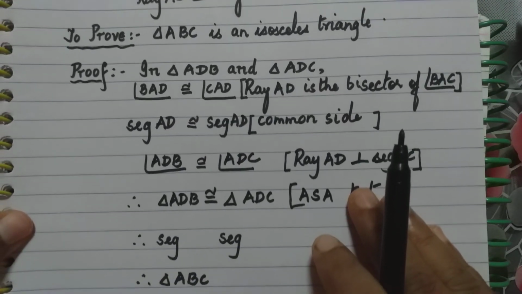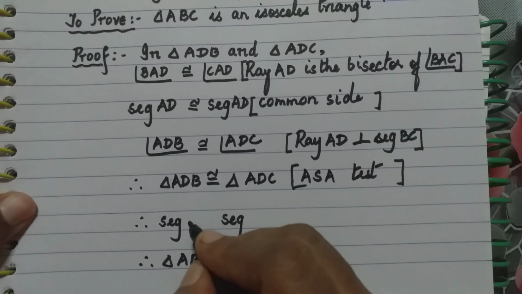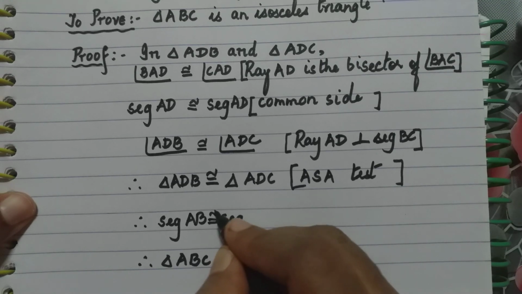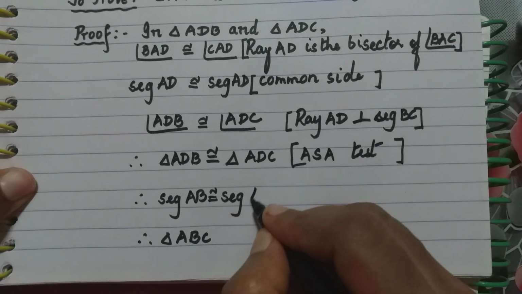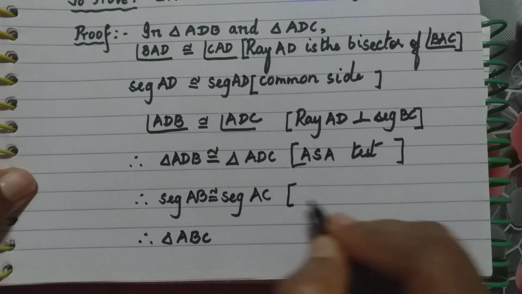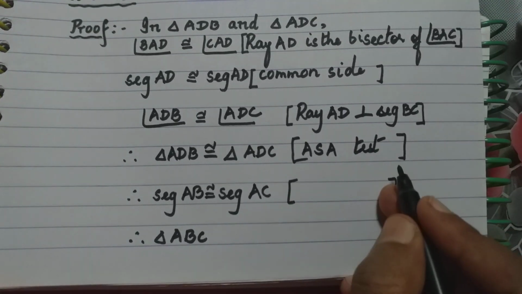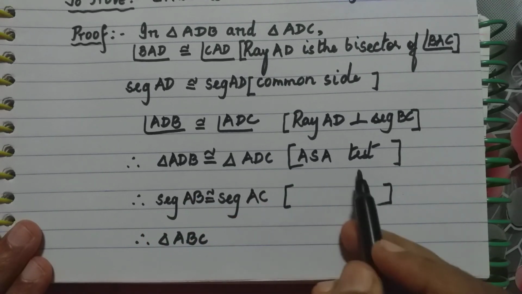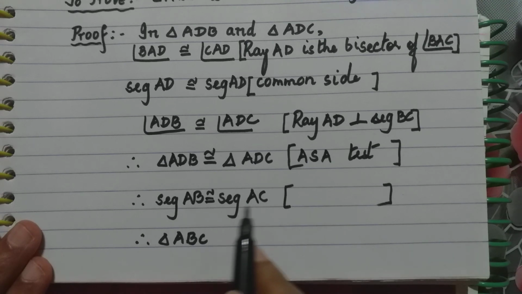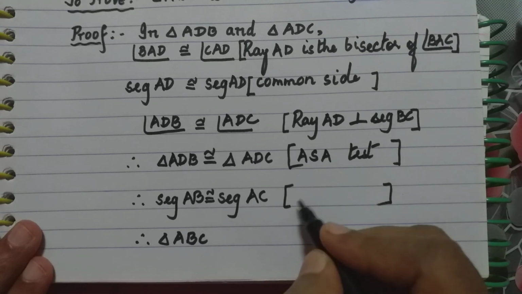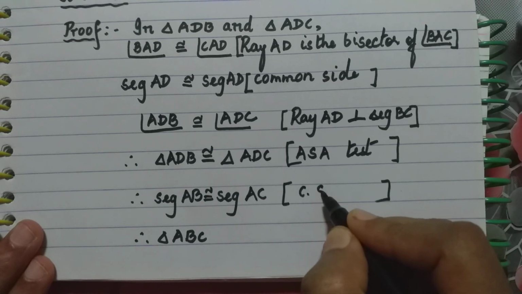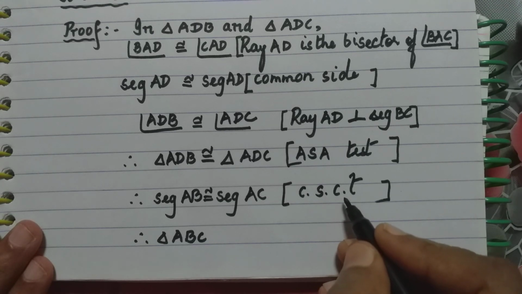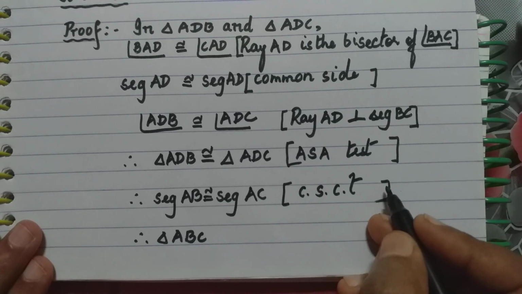So we can write here segment AB is congruent to segment AC. What will be the reason? These triangles are already congruent by the ASA test. So how will these two segments be congruent to each other? By CSCT, corresponding sides of congruent triangles.